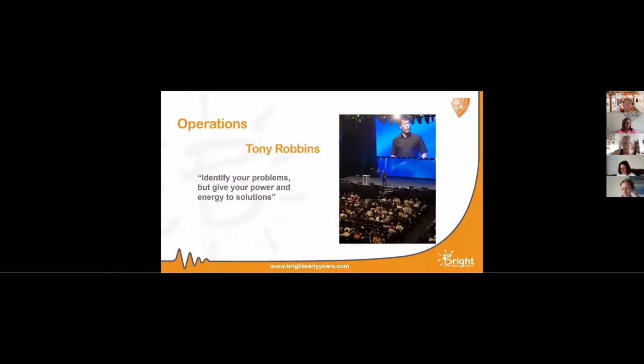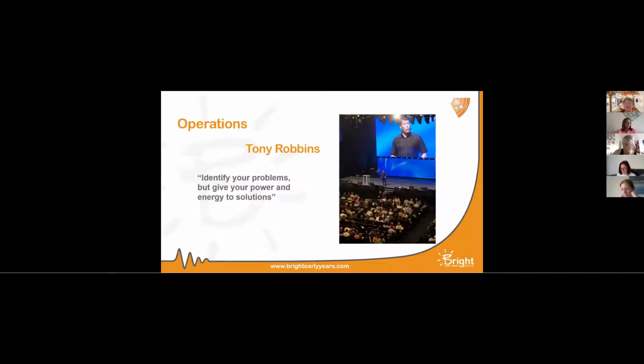So in the words of Tony Robbins, it's identify your problems, but give your power and energy to the solutions. We tend to, when we come up with a problem, go, oh no, what are we going to do? And this never happens. And there can be a lot of complaining, a lot of moaning, which is energy in the wrong direction.